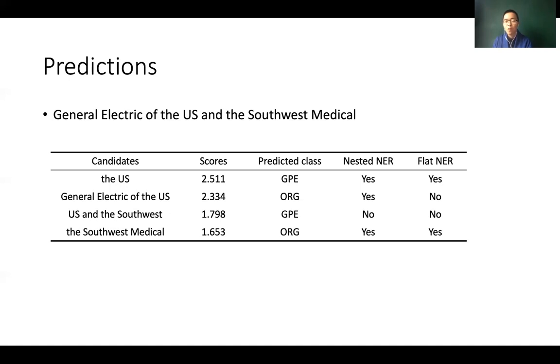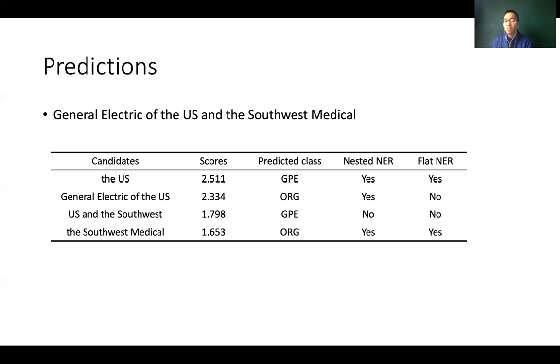We've already sorted them by score from high to low and associated them with their predicted classes. So for nested NER, we will select the first mention, the second mention, and the last mention. We will not select the third mention, mainly because it clashes with the boundaries of the previous mention, and this is not allowed for nested NER.